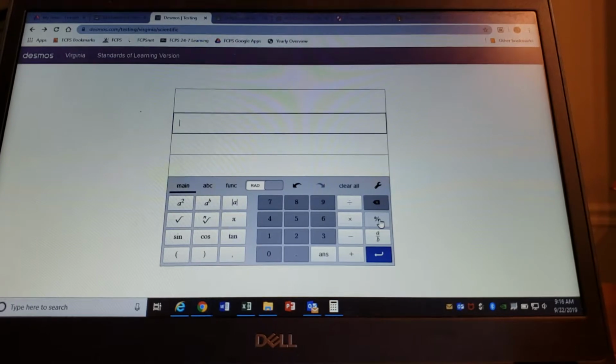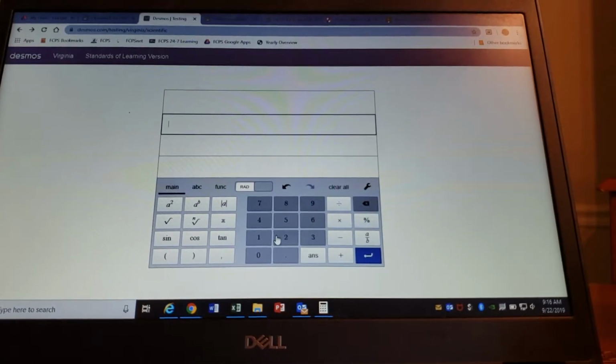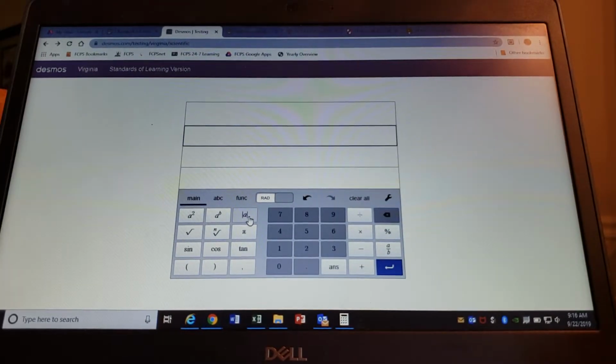To put this into the Desmos calculator, you are going to first start off with the absolute value bar. It's this one with the A and the 2 lines. Go ahead and put in negative 4 minus 20, absolute value bar. You are dividing this all by 8.